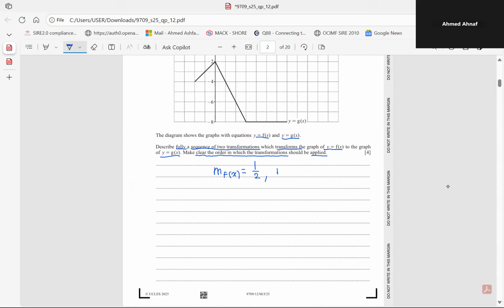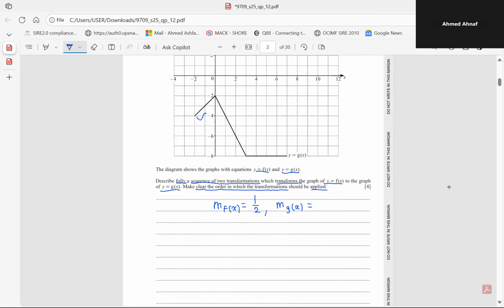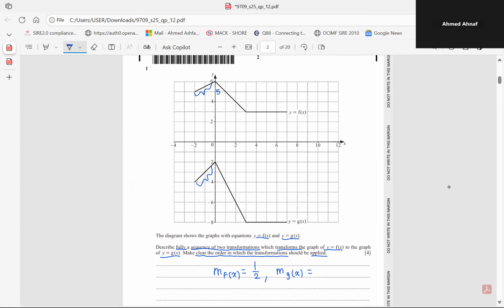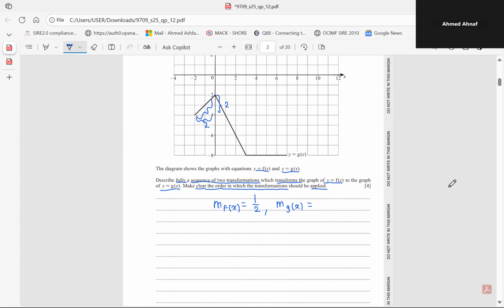And then now let's calculate the same gradient for the same section for y equals g(x), so this section. As you can see, rise is 2 units as well as the run. So again, your gradient is 2 divided by 2, which is equal to 1.